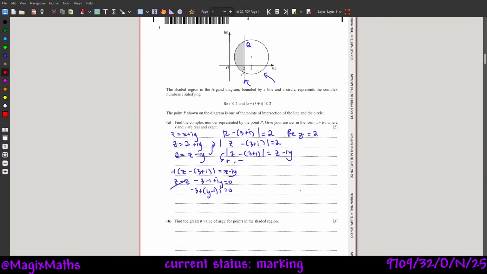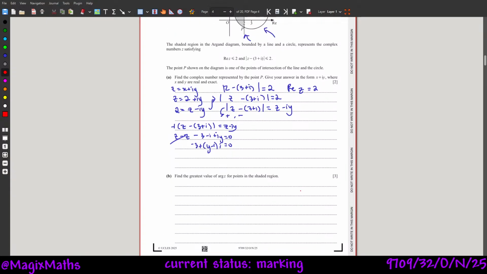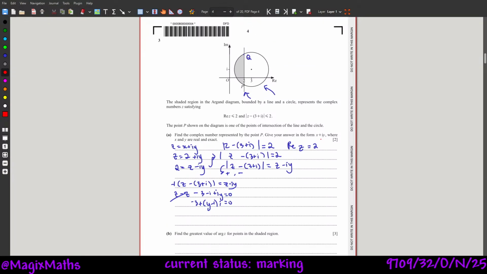All right, so first question, right? I'm going to open up the marking scheme, which is the third question. So the first thing we should have done.